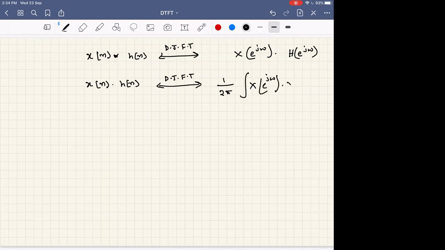Since these are applied in all transform domains, and the definitions are also almost similar, they do apply in all transform domains.